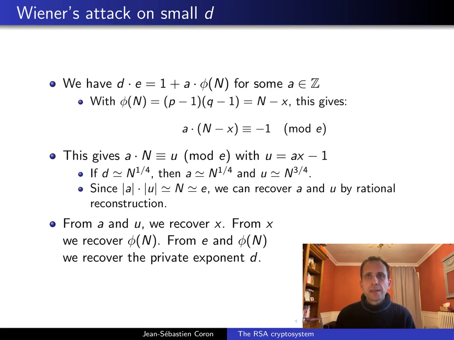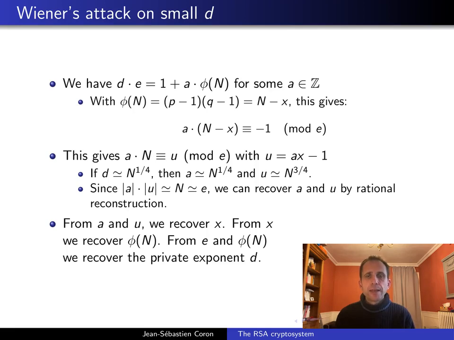And so this implies, since u is a times x minus 1, that u will be roughly n to 3/4. And so the bounds are correct, because we see that the product of a times u is roughly equal to n and smaller than e. So we can hope to recover a and u using the rational reconstruction algorithm.